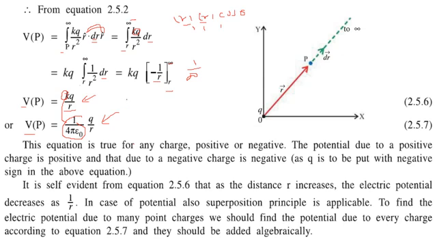This shows that the electric potential decreases with R, or is inversely proportional to the distance. For potential, we can also apply the superposition principle: to find the potential due to many point charges, we find the potential due to every charge using this equation and add them algebraically.